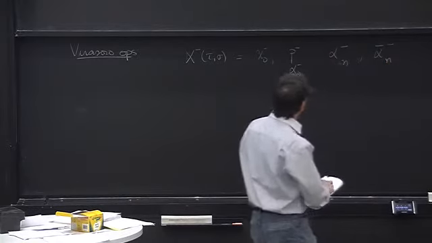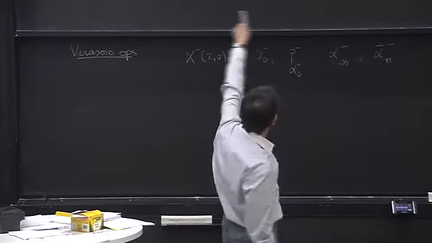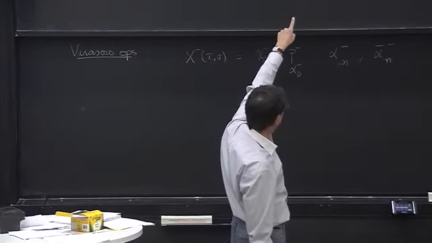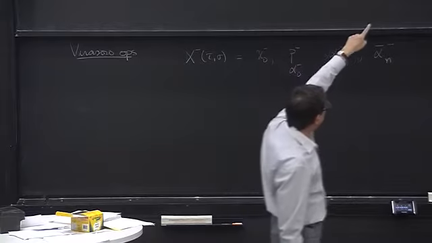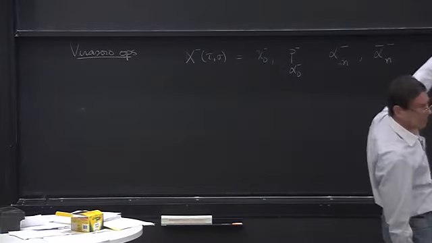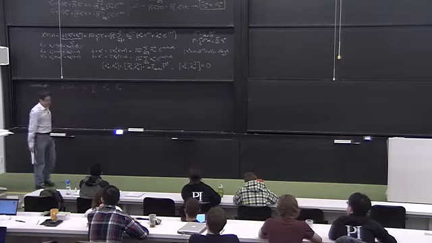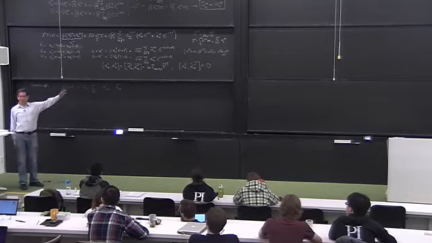Just like any coordinate x of tau and sigma, if you put for mu minus, you need an alpha 0 minus, and you need an alpha n minus, and an alpha bar n minus. Now, everything has been defined just like for open strings.